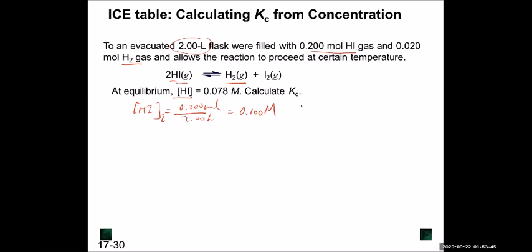And with H2 gas, you do the exact same. The initial amount of H2 is the moles divided by the same 2.00 liters, so you get 0.010 M. That's the molarity for H2 gas. And now you can set up an ICE table and use the balanced equation.